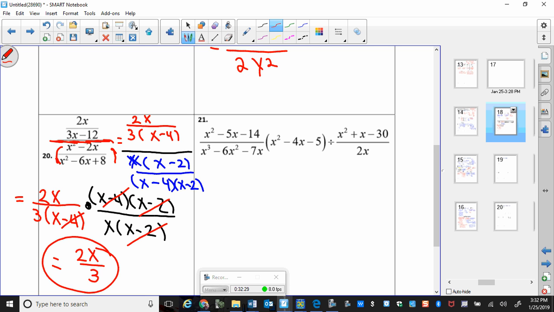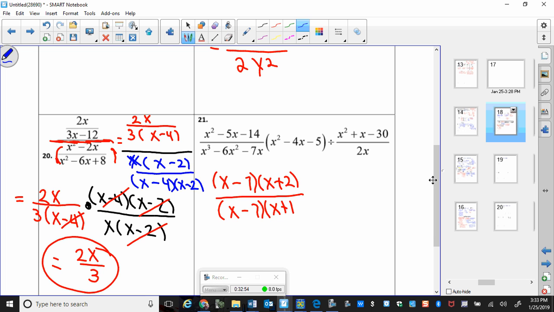Next, I got so many things to factor. So I have up here x minus 7 times x plus 2. On the bottom, my factors are x minus 7 times x plus 1.